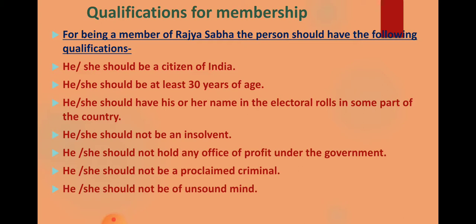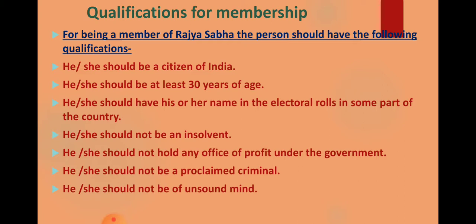The minimum age for being a member of Rajya Sabha is 30 years. Third one, he or she should have his or her name in the electoral rolls in some part of the country. That means the person who wants to become a member of Rajya Sabha should be a registered voter.